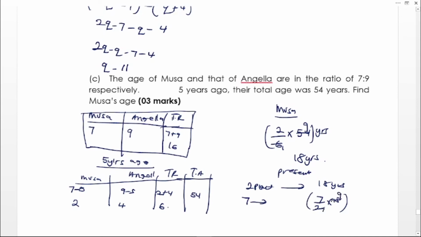So 7 times 9 is 63. Now Musa is 63 years.